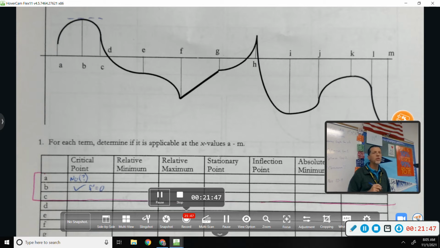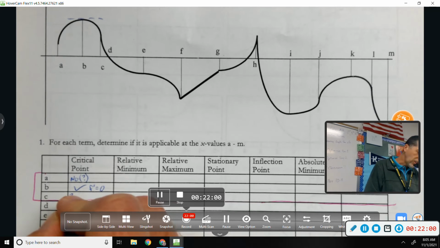So it's a good question. Is it a point of inflection? I don't know. If it's a point of inflection, would that make it a critical point? No. What would make it a critical point is if it's a vertical tangent line. So kind of a question mark on that one.